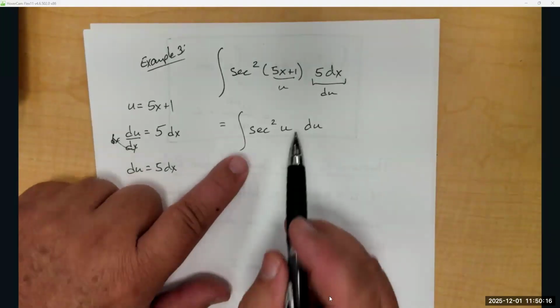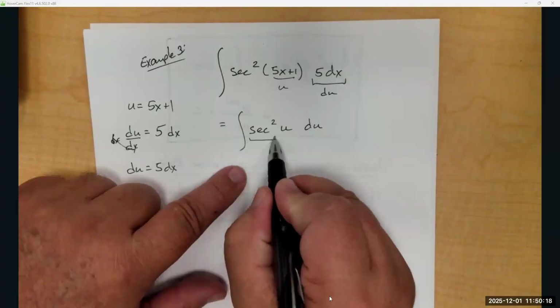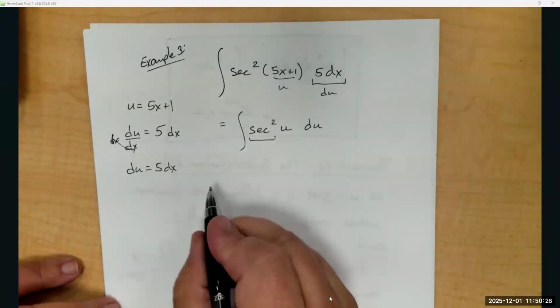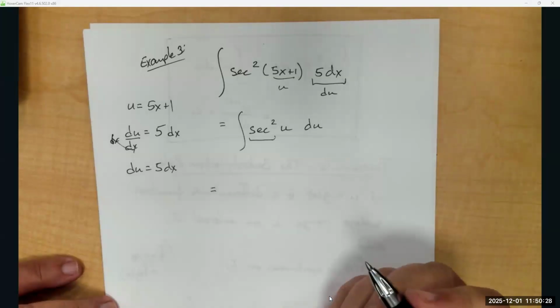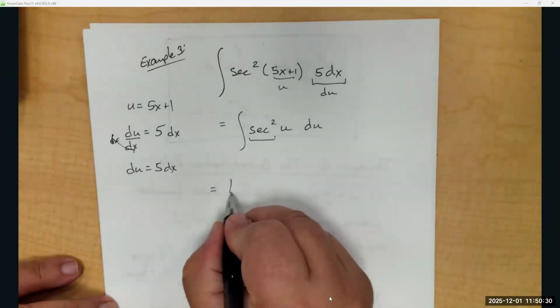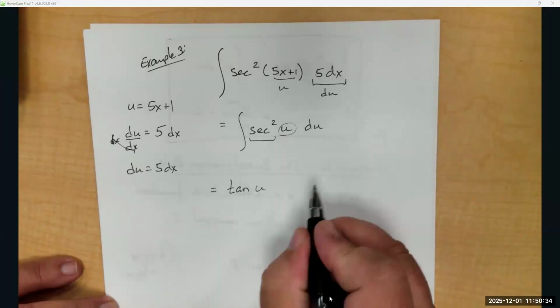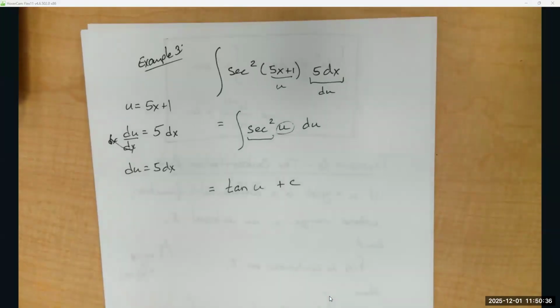So what function gives us secant squared as its derivative? So it's tan u plus c.